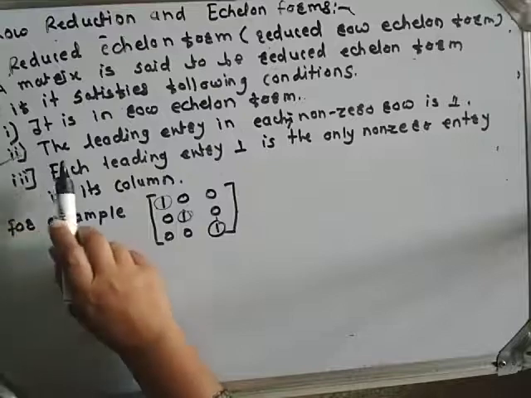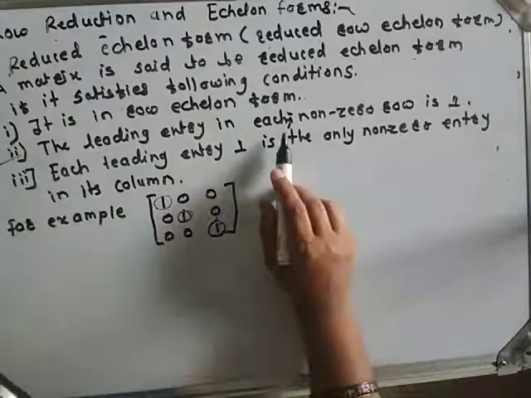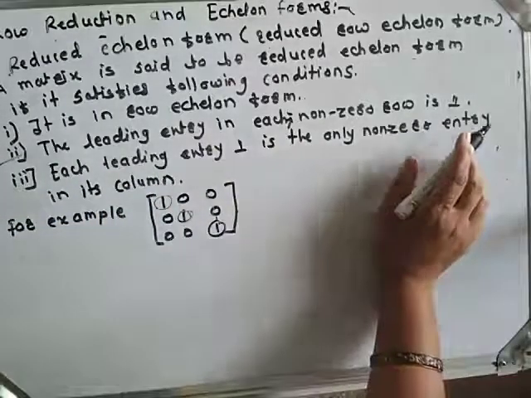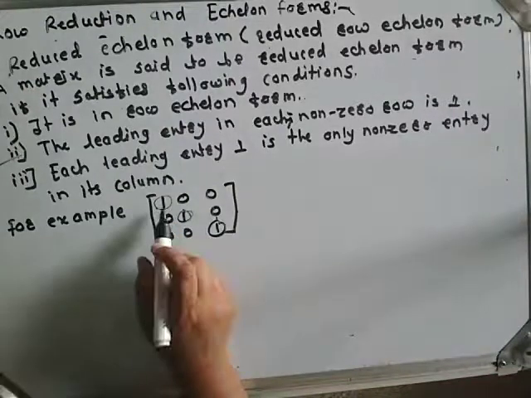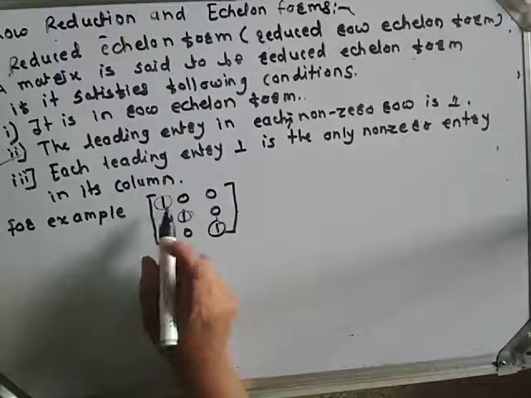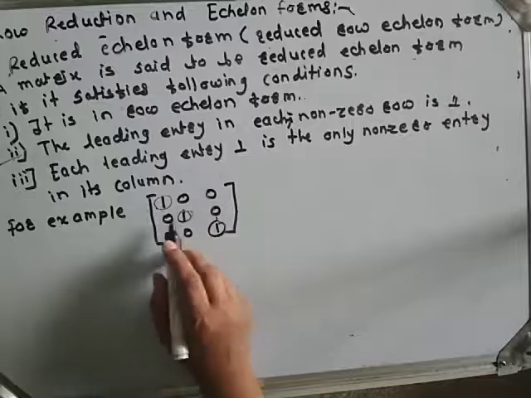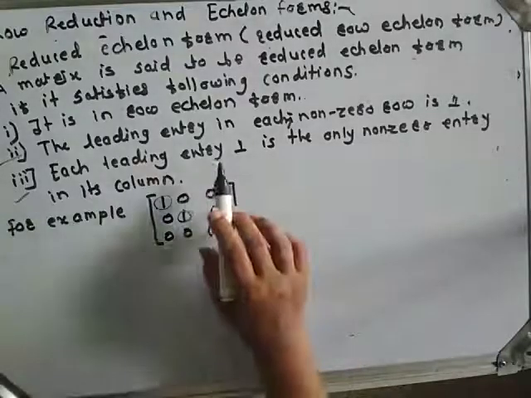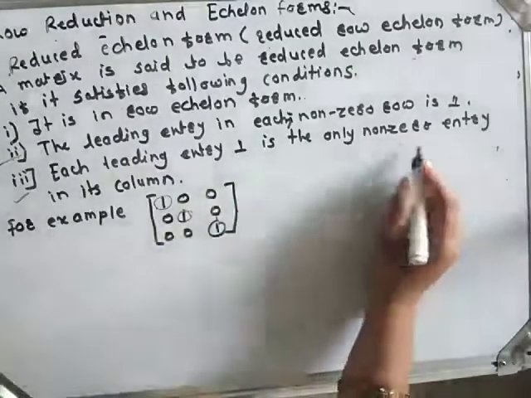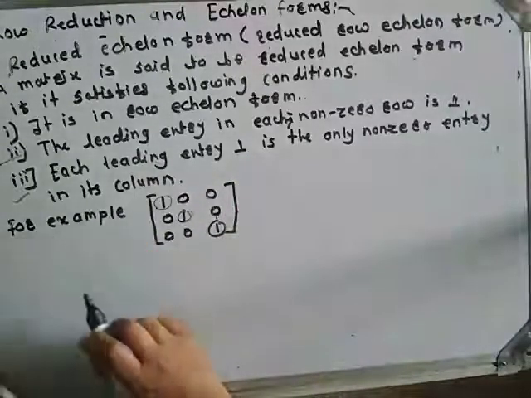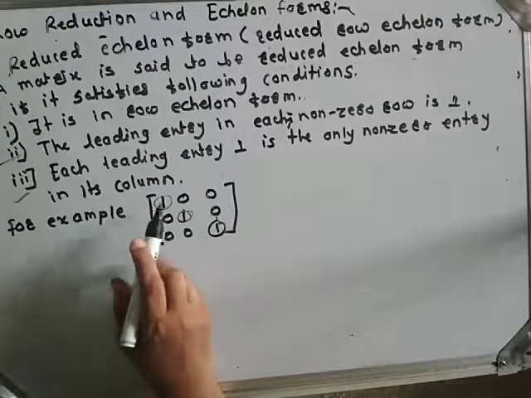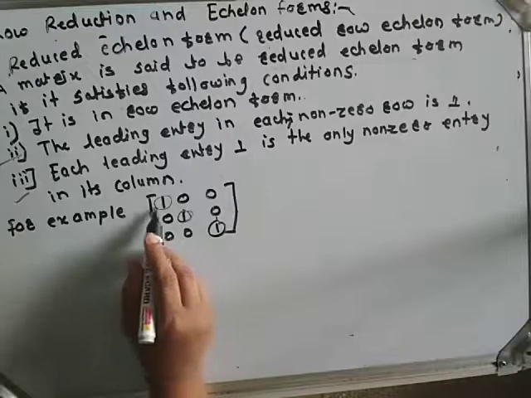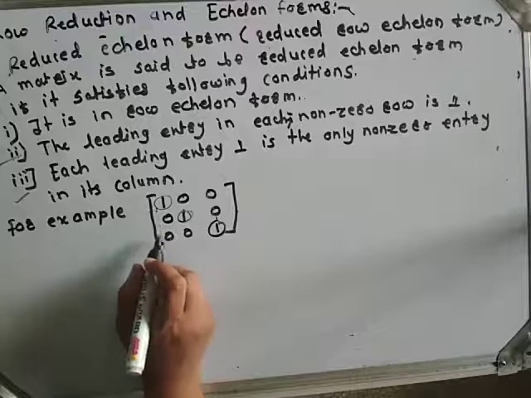Next, second condition is the leading entry in each non-zero row is 1. See here, in this matrix, the leading entry in each non-zero row is 1. And last condition is each leading entry 1 is the only non-zero entry in its column. Observe here, in this column, the leading entry 1 is the only non-zero entry.